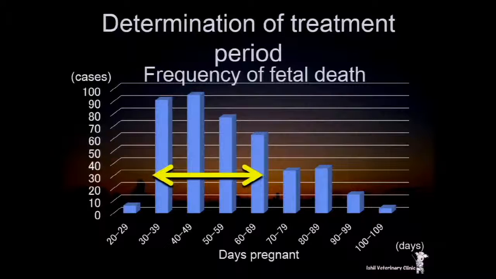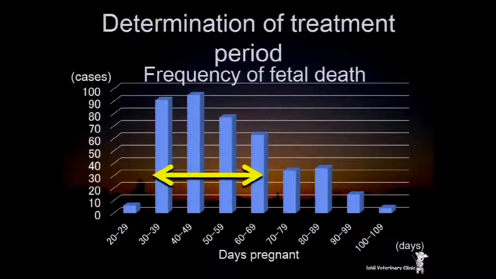This slide explains how I decided the treatment period. The peak of the fetal death frequency is from 30 to 70 days after insemination in our past research. I thought that the treatment period should be adjusted to this. Actually, we started first early preg check from 28 days and second recheck, with doubles as a sex check, from 55 days.